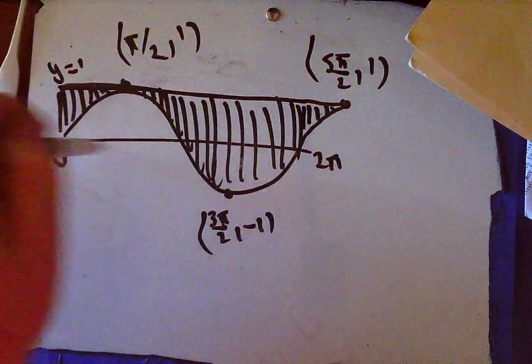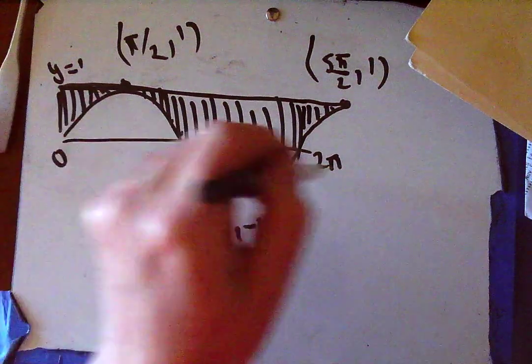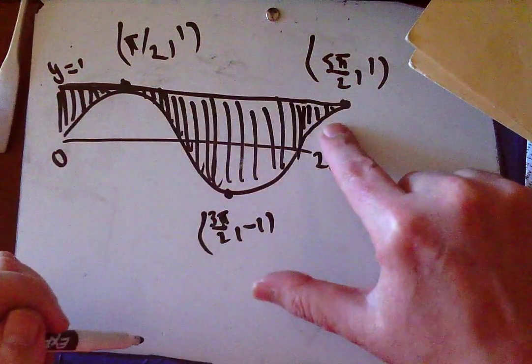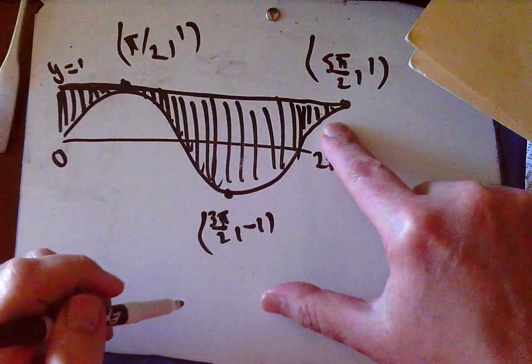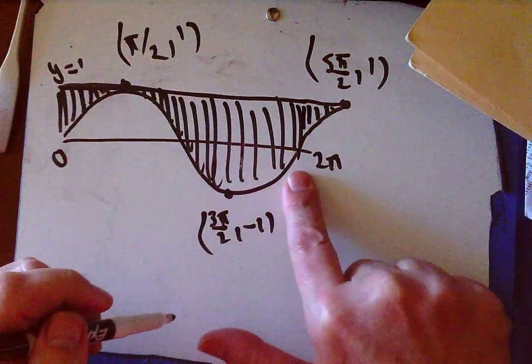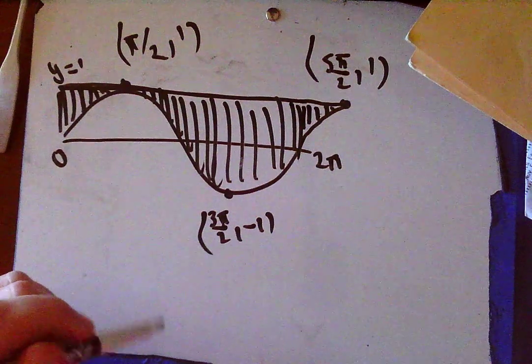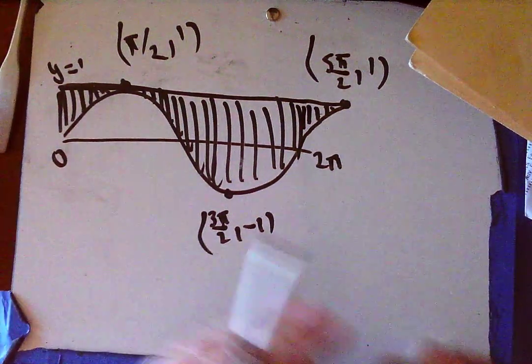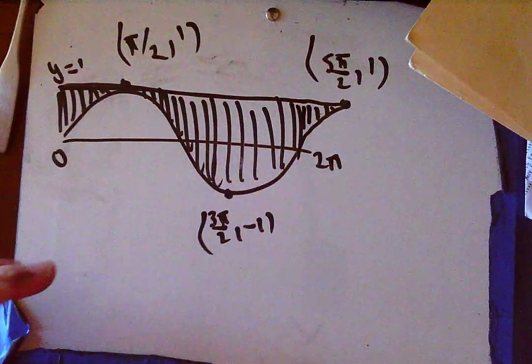And so what they think about is doing this big rectangle's area and then taking away this piece, which is the integral of sine x from 2 pi to 5 pi over 2. Yes, of course you can do that. Yes, there are many ways to get this to work.